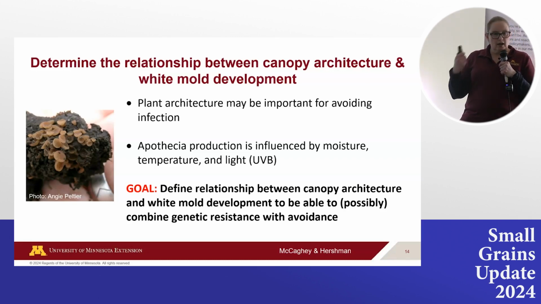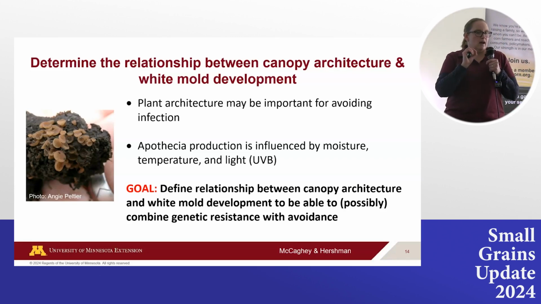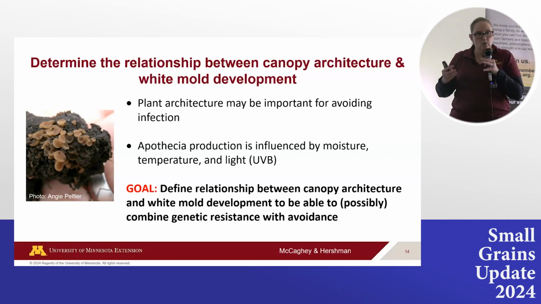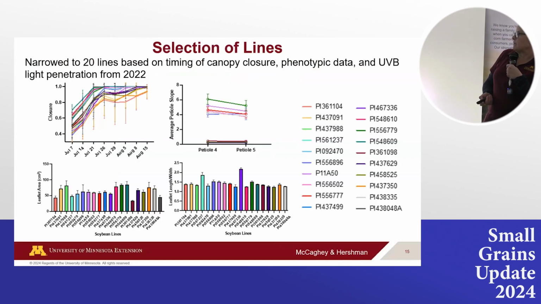In addition to architecture, we also have something that's called physiological resistance. So this is when you actually challenge the plant with the pathogen, and the plant is able to genetically resist the pathogen. So you would have both the architecture and physiological resistance all within the same plant.